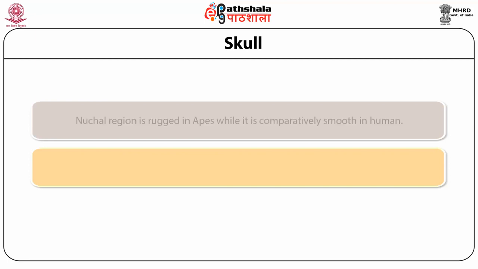So, the nuchal region is rugged in apes while it is comparatively smooth in humans. Moreover, the nuchal plane is horizontally flat on the base of the skull, facing directly downward in humans. But in apes, it faces backward, forming an angle with the base of the skull.